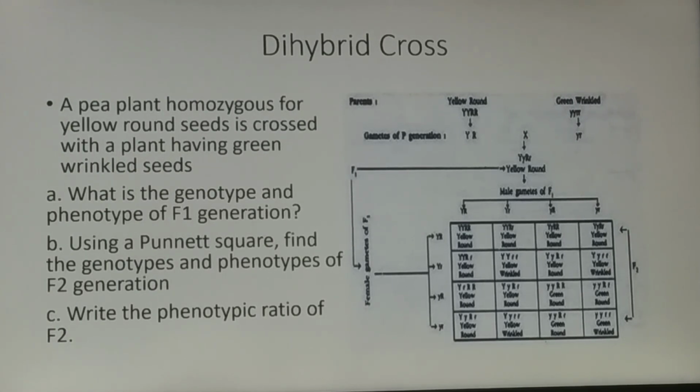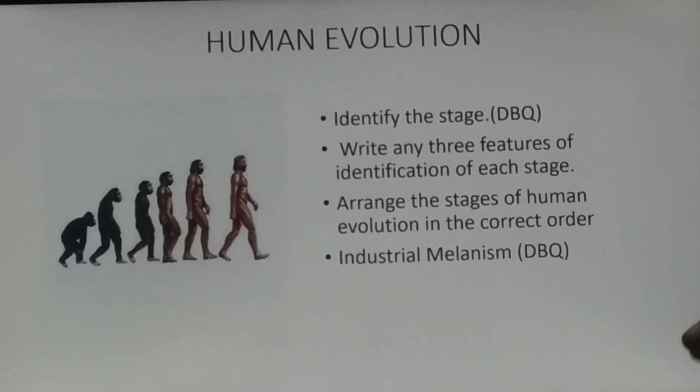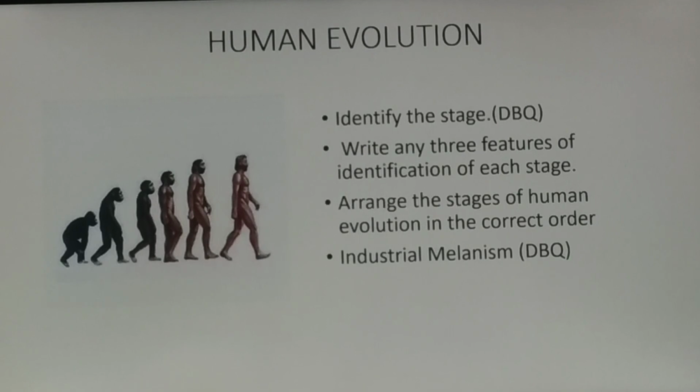So I hope you have understood the questions that you can expect from the chapter genetics. Now coming to human evolution, you will be given diagrams of human ancestors, 1 or 2, and you will be asked to identify which stage it is.